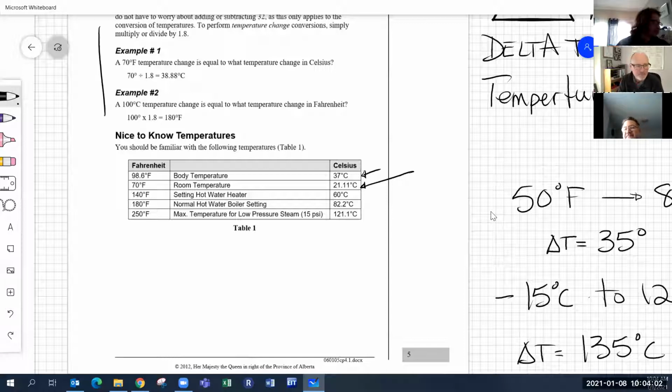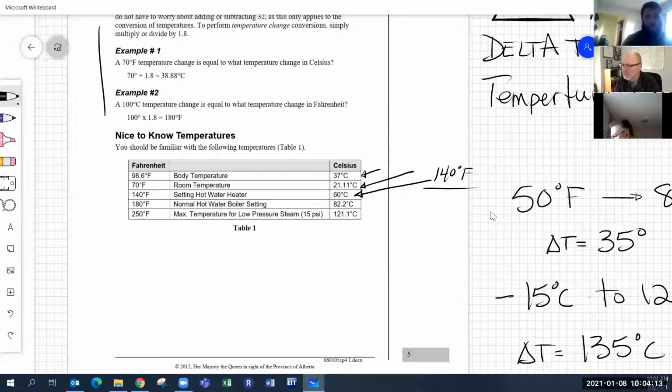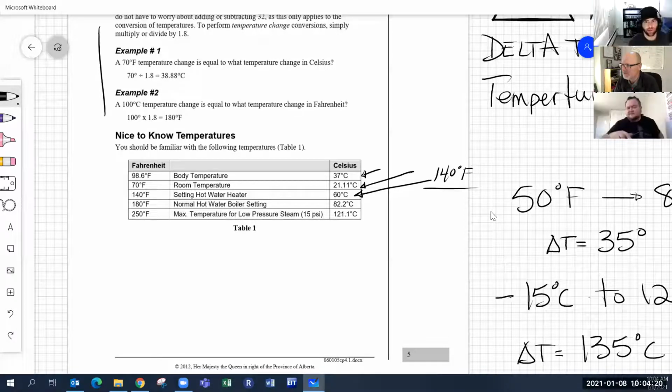Okay, so the next important temperature is a hot water heating setting. 140 degrees Fahrenheit is a standard setting for your hot water tank. Why do we have to get the temperature up that high? Does anybody know? Oh, you don't burn people. Bacteria growth. There are a lot of different reasons.